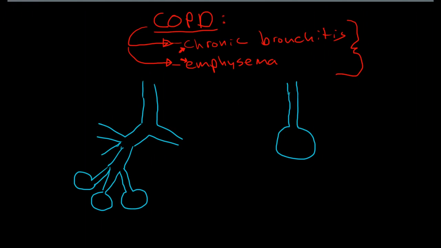Now, generally the trachea and the large bronchi are covered with pseudostratified columnar epithelium, interspersed with little goblet cells.